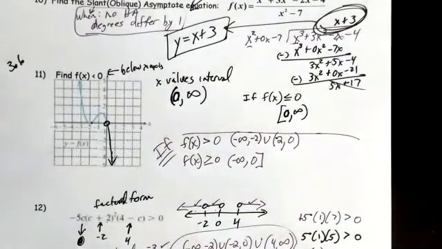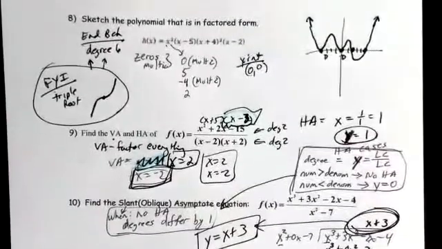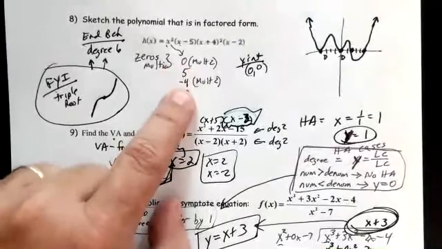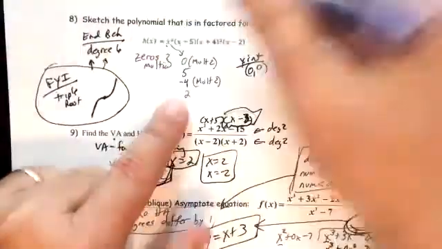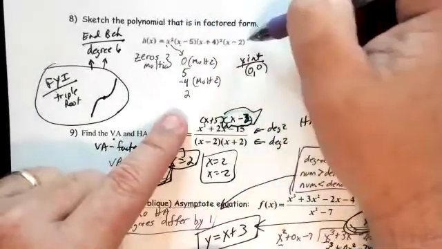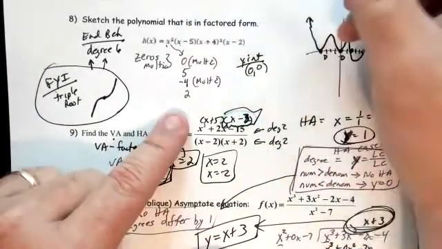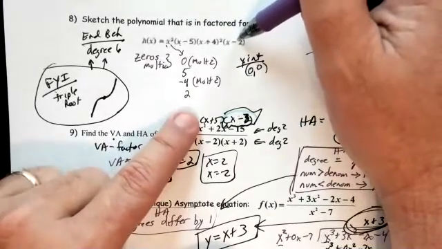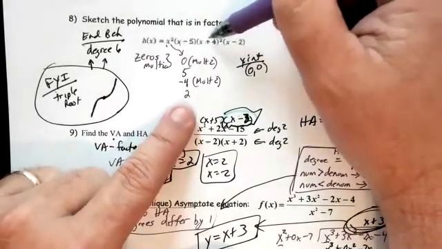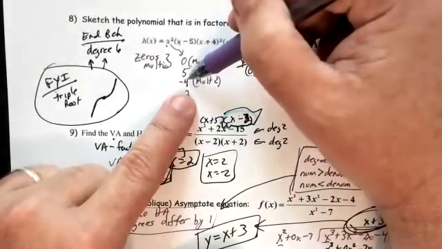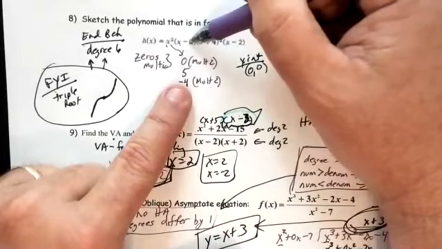For number 8, how did you find these numbers? I don't understand number 8. Okay, since it's in factored form already, what makes them 0? I'll go backwards this time. What makes this one 0 is 2, correct? What makes x plus 4 0? -4. And then what makes this one 0?